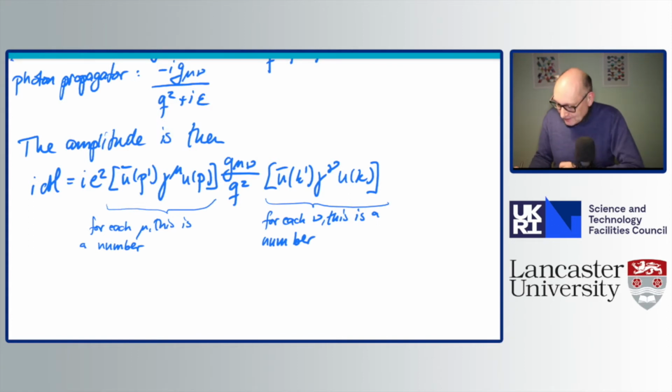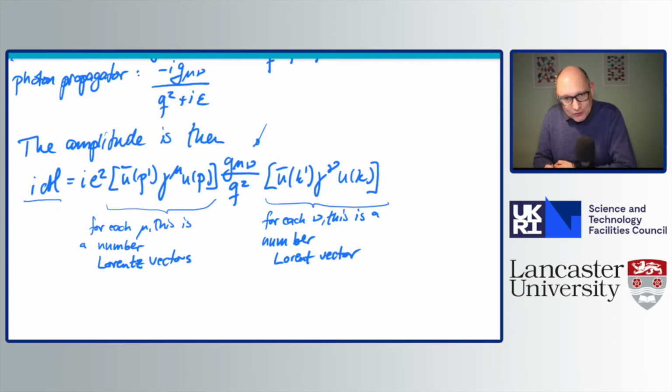That means that in all, this is a Lorentz vector, because there's one such number for each nu, and this is a Lorentz vector here. And those two Lorentz vectors are connected with a g mu nu. So that means that this is a number. It's a vector, a g mu nu, and a vector. That gives us a number. And that's, of course, what it should be. It is an amplitude, and that is just a number.